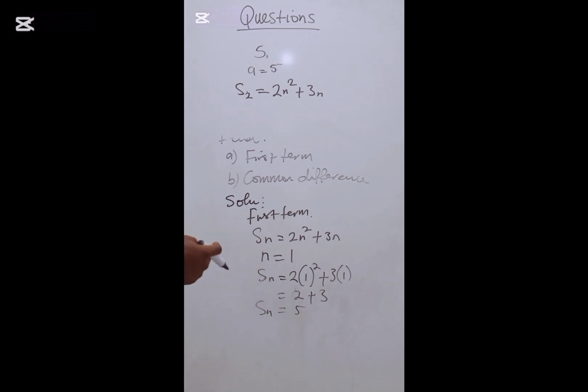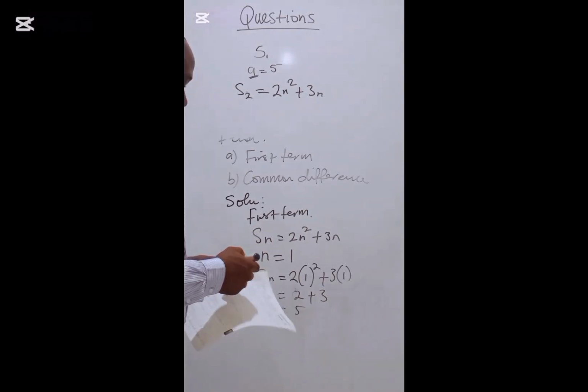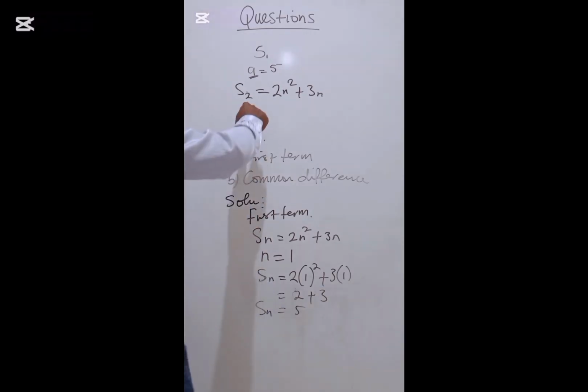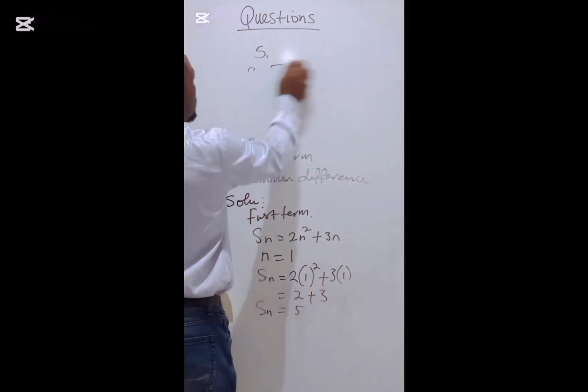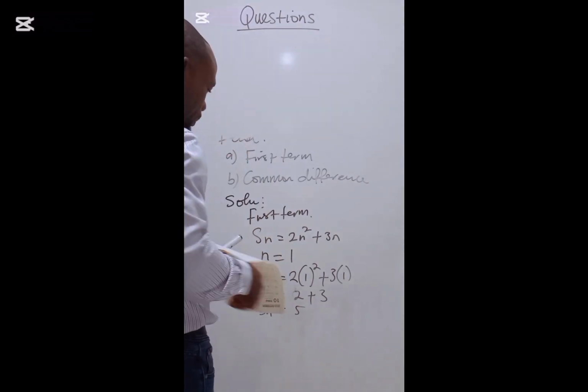The reason is that the common difference is the difference between the first term and the second term. I already have the first term, so if I get the second term, I can subtract the first term from it to get the common difference. So I'm going to look for the sum of the first 2 terms in the list, which is the same thing as the second term.